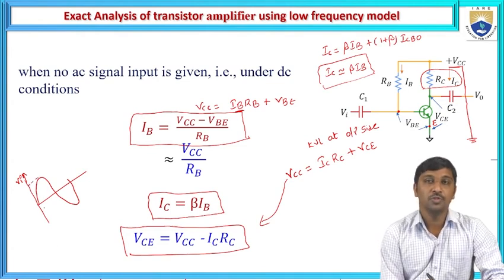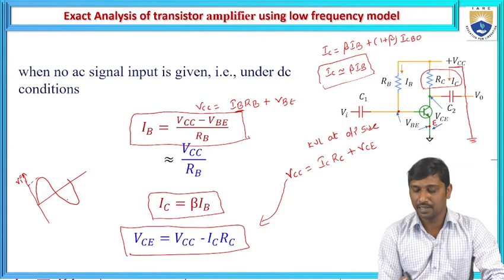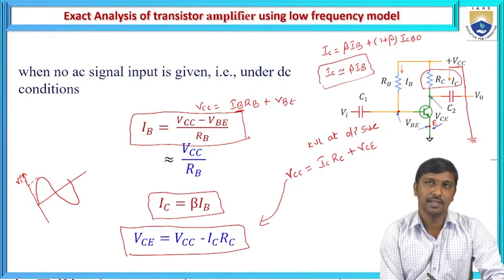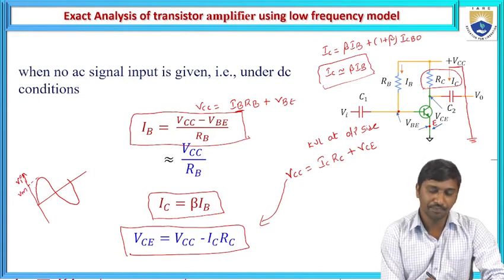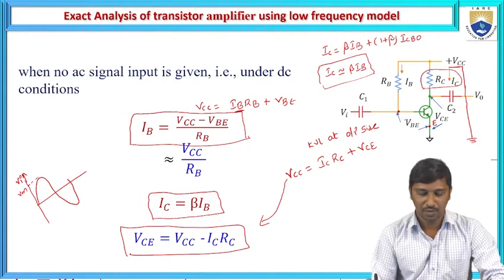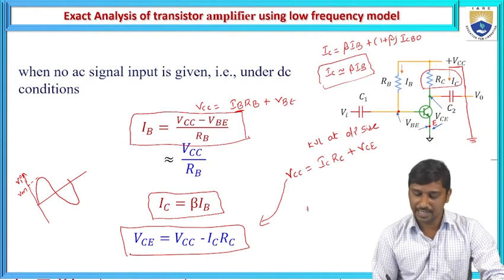During the positive portion of the given input signal, which I consider as plus Vm, what happens here? We know that the emitter base junction becomes forward biased. Due to that, the base current increases.